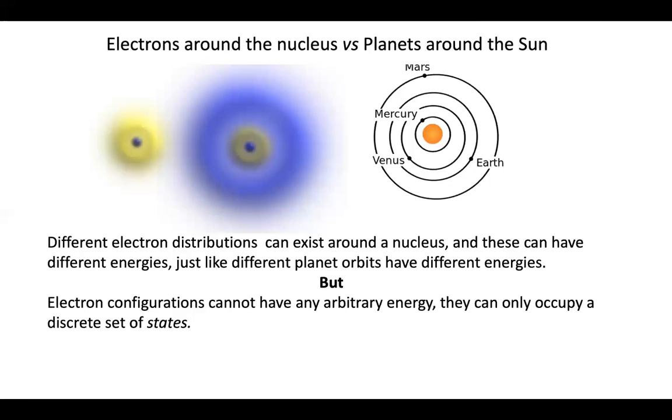There are only certain ones that are allowed to exist for any length of time. These particular configurations are the real orbitals, but are also more generically called states. And there are a discrete number of them.